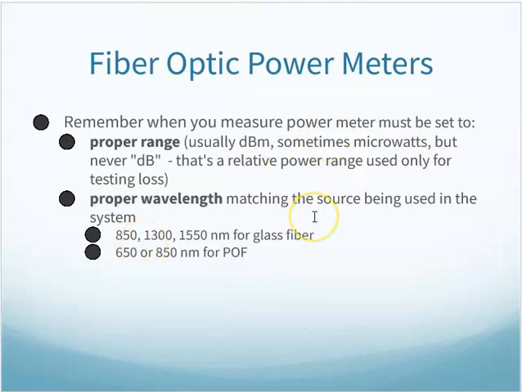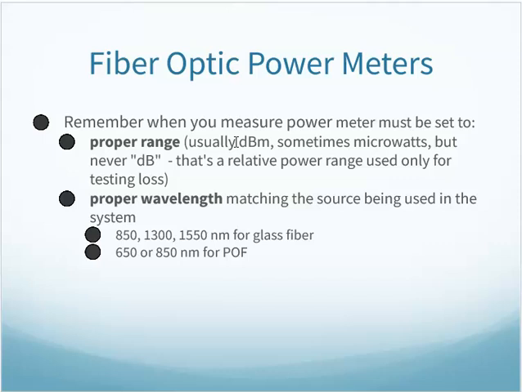Right here, they remind us that when you're testing using these power meters, make sure you have the proper range. If I'm measuring power, I need to make sure I'm set for dBm, decibels per milliwatt. That's the absolute measurement of how much light is getting through.